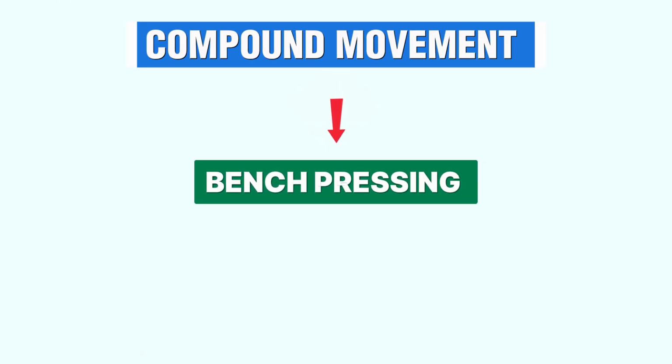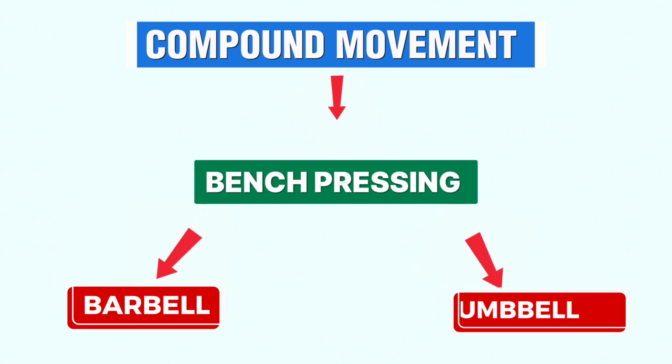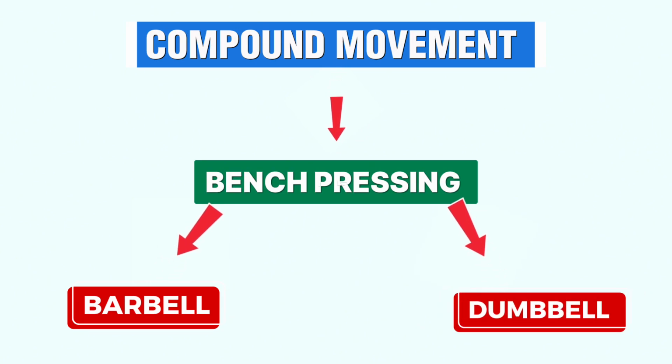Now, the most common exercises that you can do to target the chest muscles are compound movements such as bench pressing. Under bench pressing, we have 2 types. It could be barbell bench pressing or dumbbell bench pressing. Under these 2, we have different variations, right?